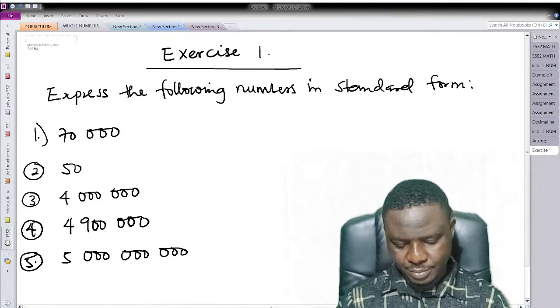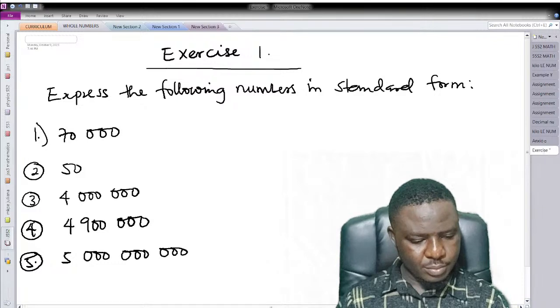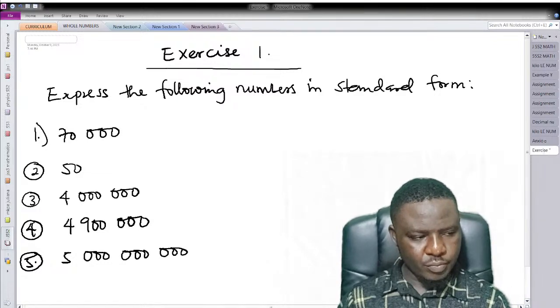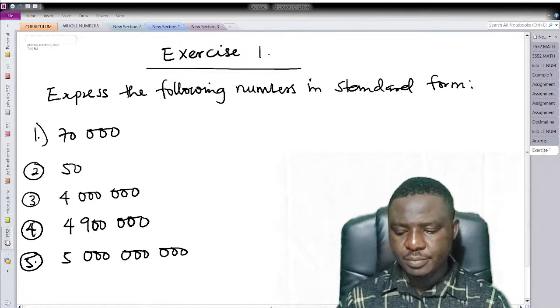Number 3, what's the answer to question number 3?